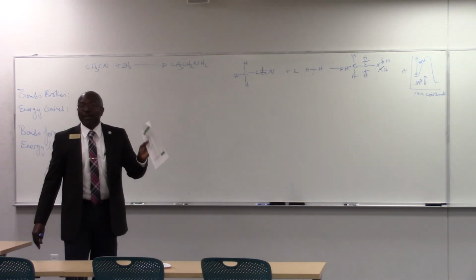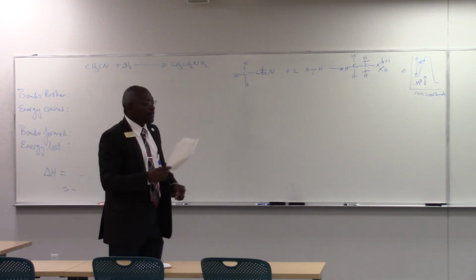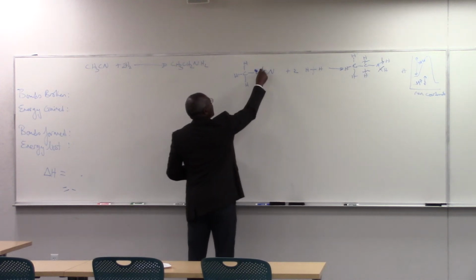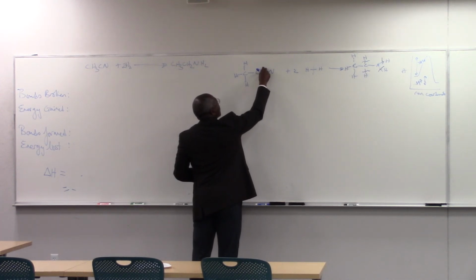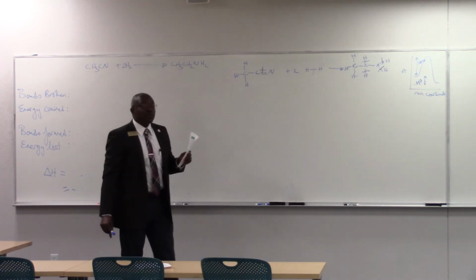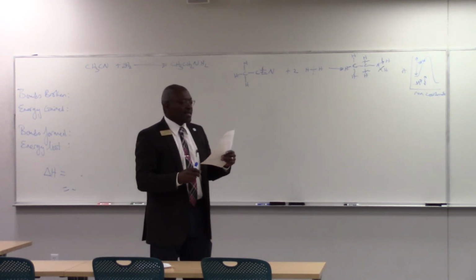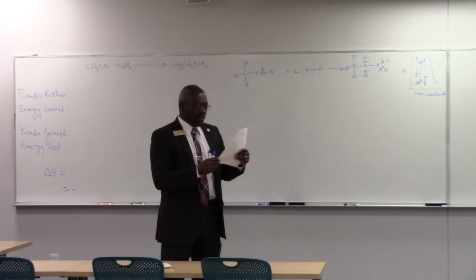So I'm going to go to the table. Now if you look at the table, it's not going to tell me what is the energy required to break these two bonds. What it will do is tell me the energy of C triple bond N, which is 213.